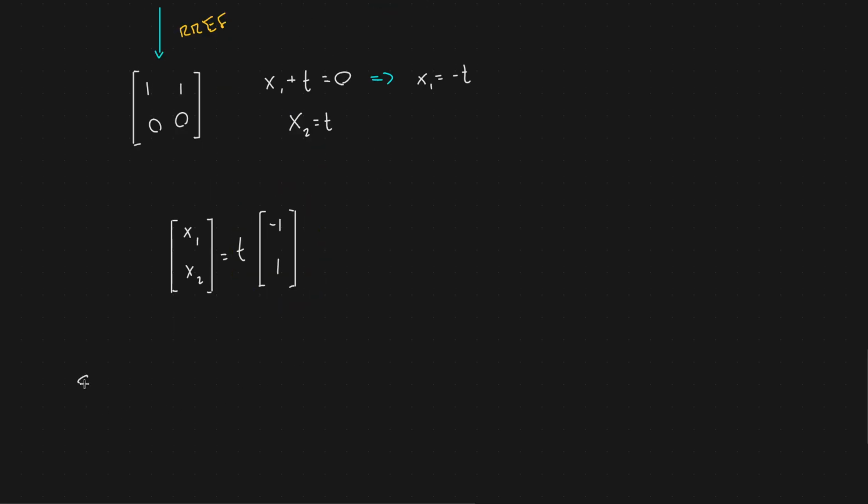So S sub 2, the eigenspace associated with eigenvalue 2, is equal to all vectors that can be written in this form, which means it's just going to be the span of vector negative 1, 1. That's its basis.